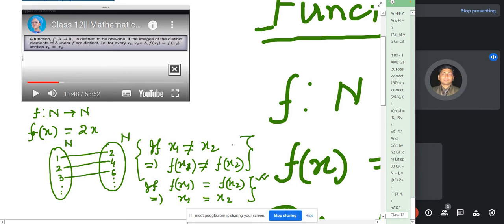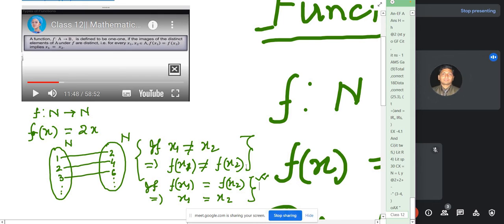First, we will consider distinct elements of the domain. If we are getting the same image, then we can say that it is not an injective function. So here two types of definitions we will use. If we are proving that it is injective, that it is a 1-1 function, then we'll use this concept: if f(x1) equals f(x2), implies x1 equals x2.